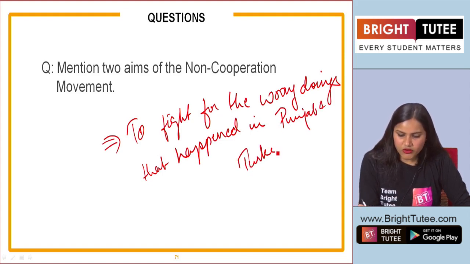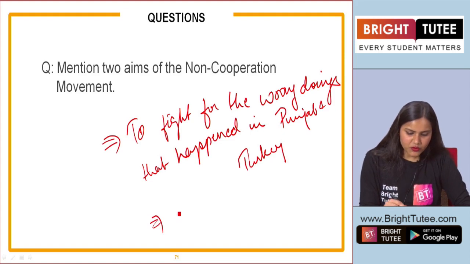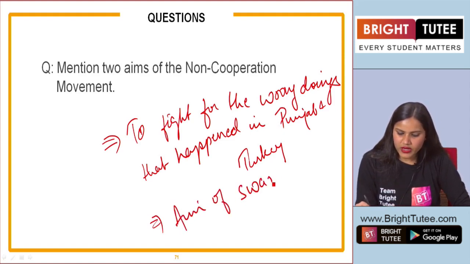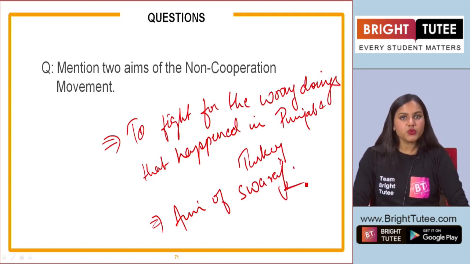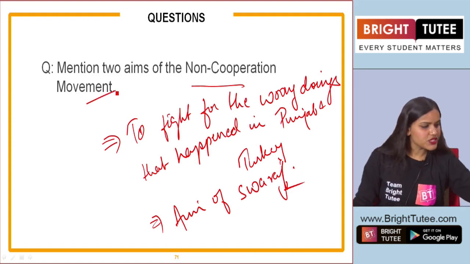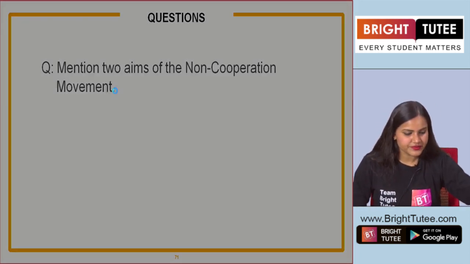This is what I've told you, right? And the second was the aim of Swaraj, that is self-rule and self-government. These were the two aims of the non-cooperation movement. So this is how you have to answer this question here.